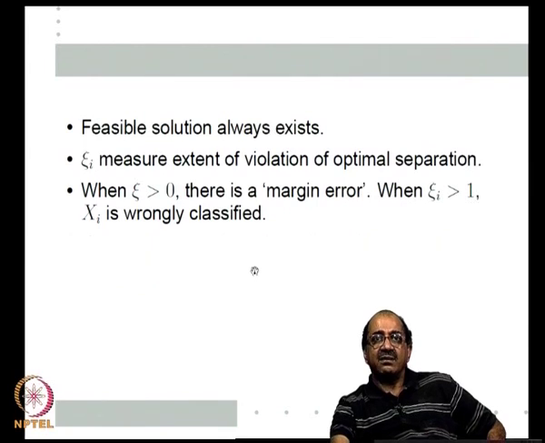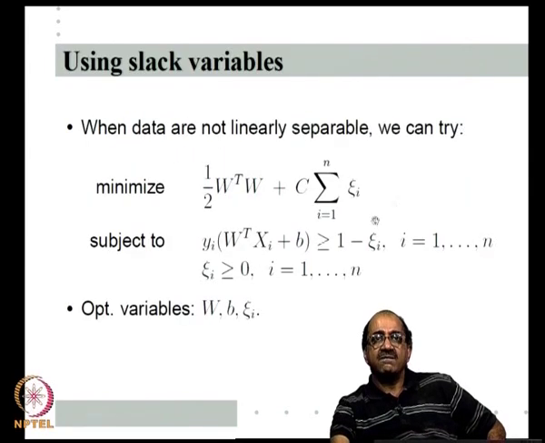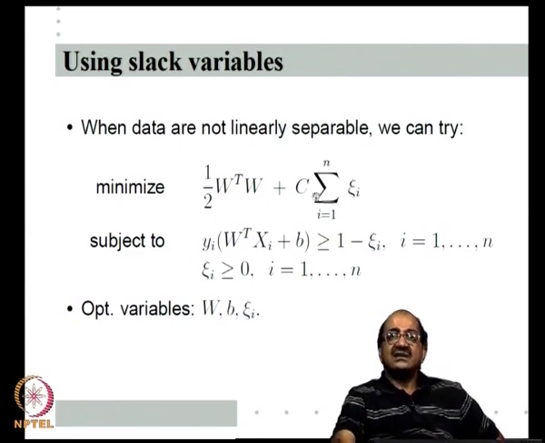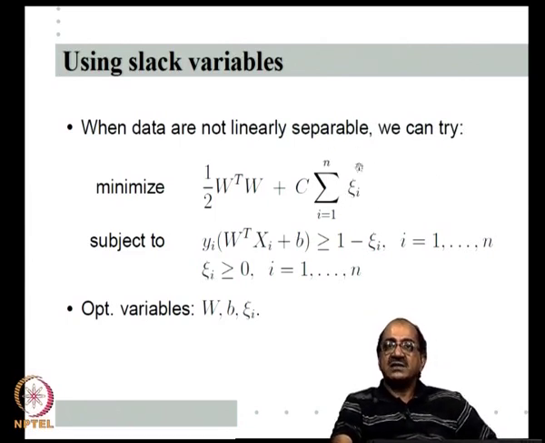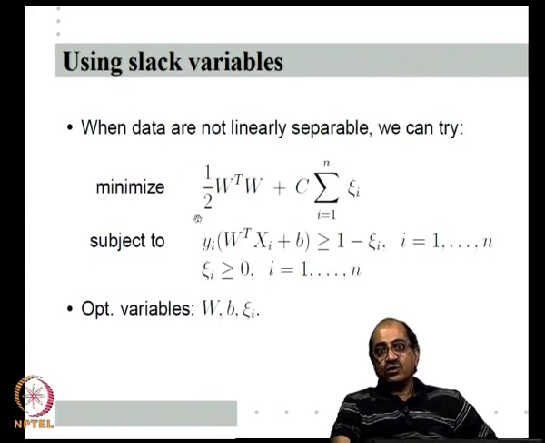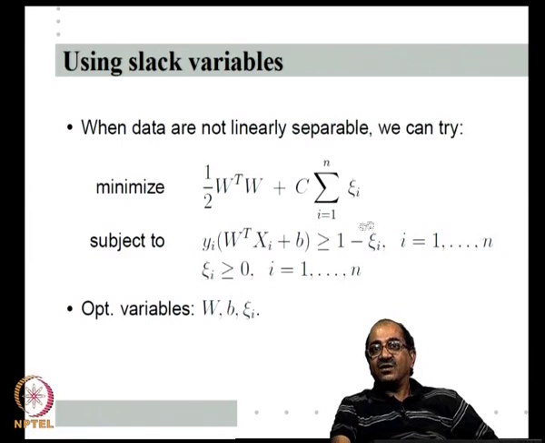Now, finally, what we are minimizing is my margin plus this sum of the slack variables. It tells you how much violation of separation I am doing, and C is a kind of exchange rate constant. How much of increased margin of separation am I willing to take at the expense of making so many errors in classification, so to say.